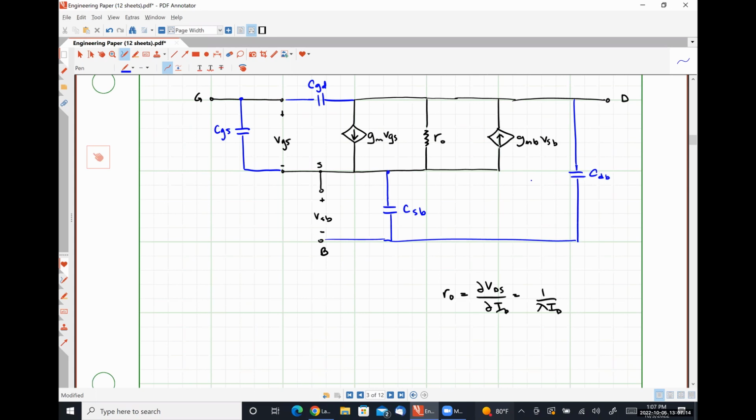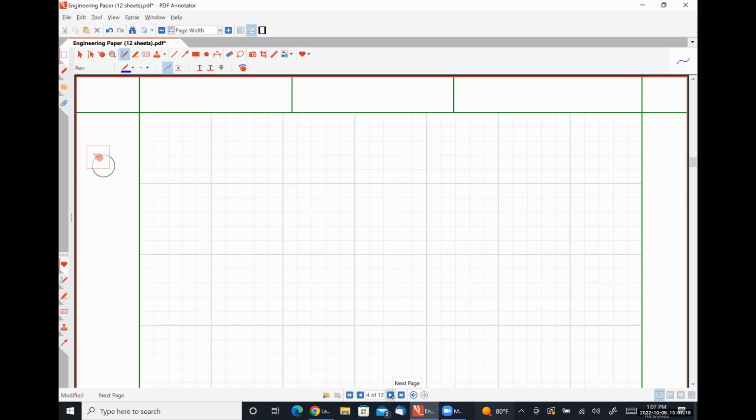Now, let us review simple MOSFET amplifier circuits.